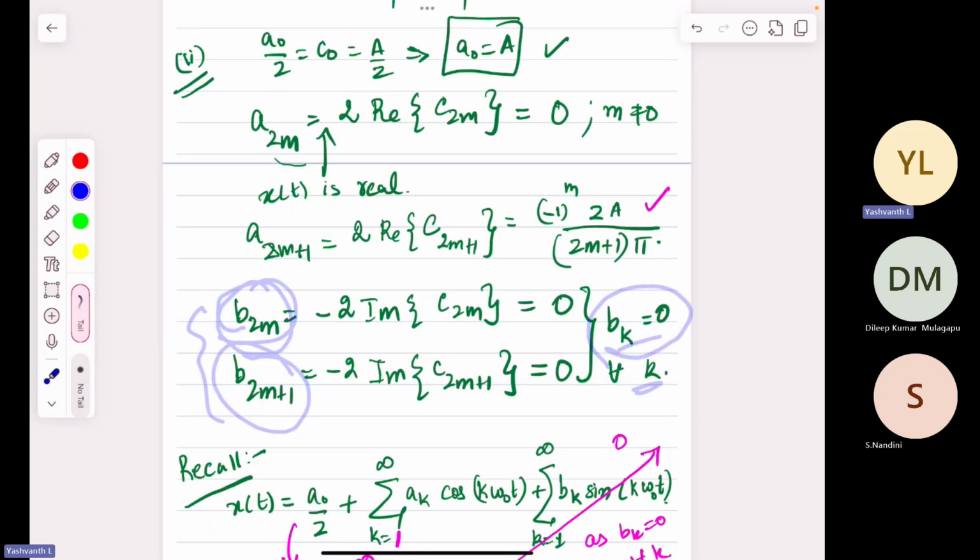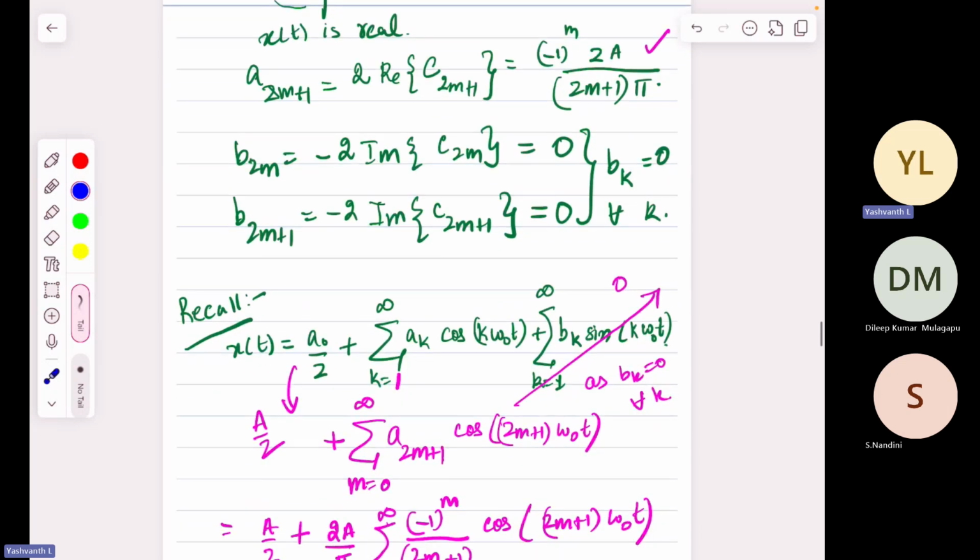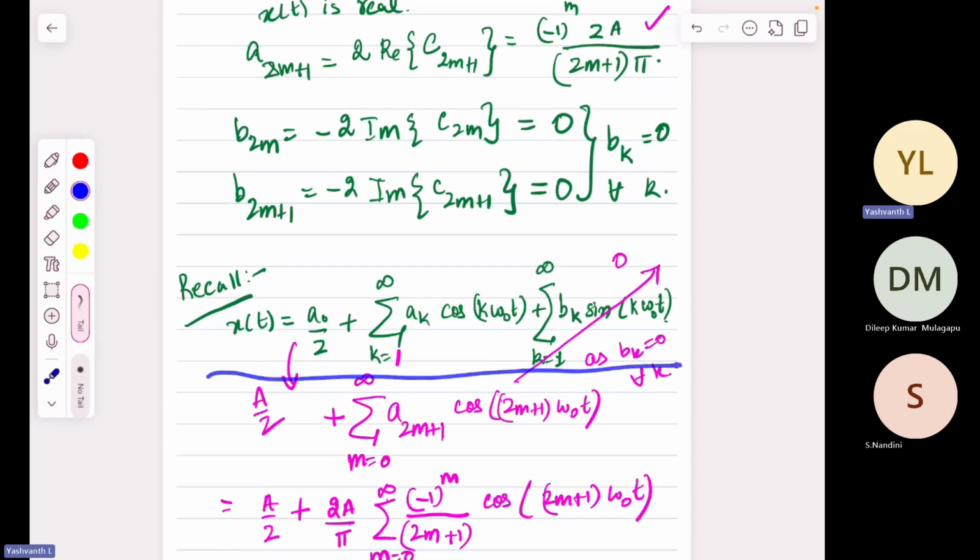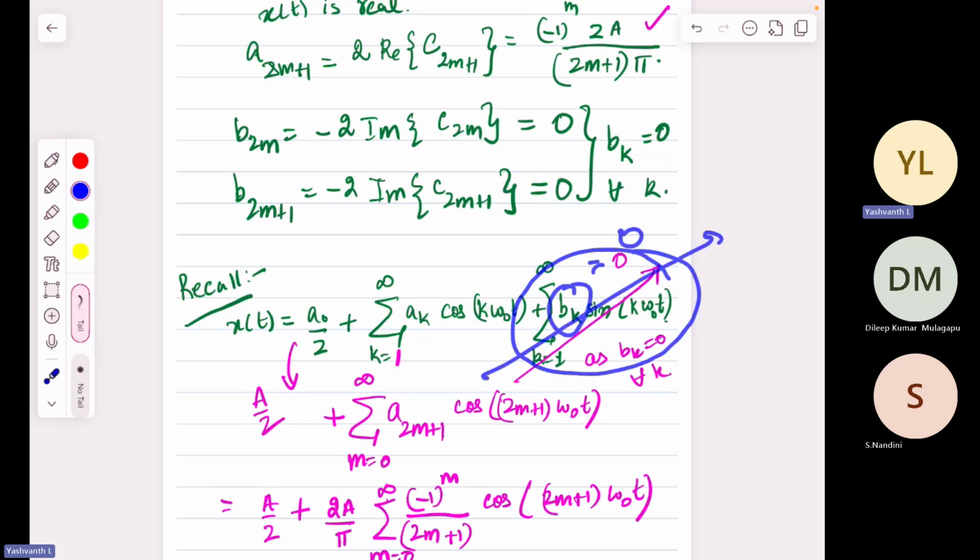Now recall the trigonometric Fourier series looks like this: x of t is equal to a naught by 2 plus the sum over k equal to 1 to infinity of a_k cos k omega naught t, plus the sum over k equal to 1 to infinity of b_k sin k omega naught t. Now the third term will fully go to 0 because b_k is equal to 0 whether k is odd or even.